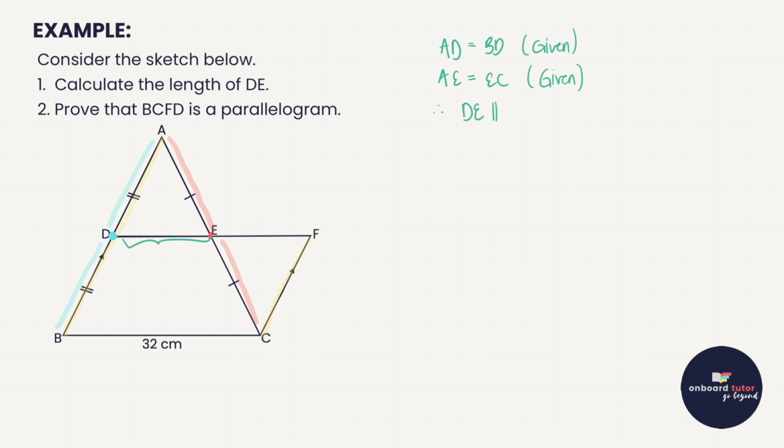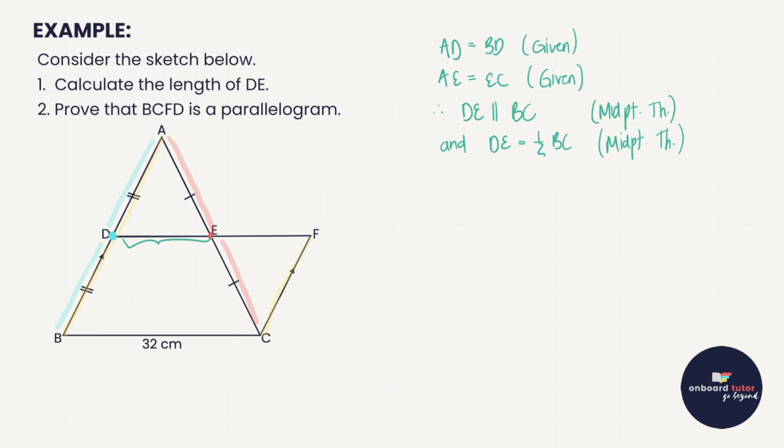DE is parallel to BC, and we can say that DE is equal to half the length of BC. The reason for each of these is the midpoint theorem.